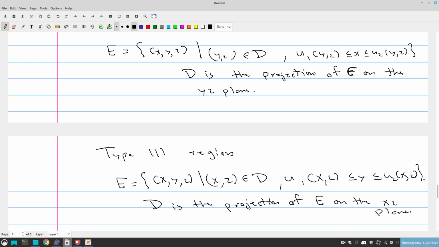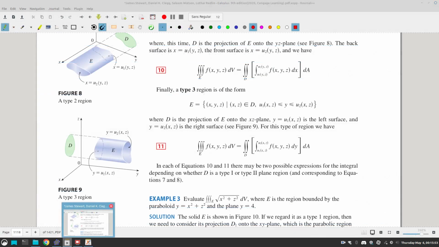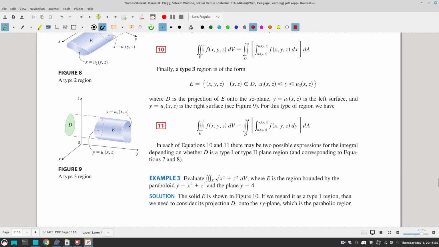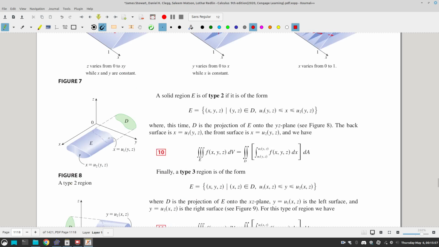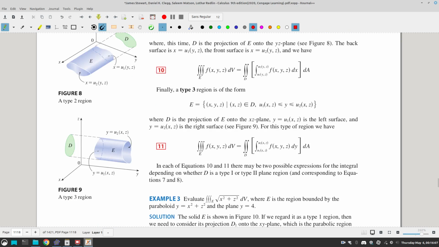Okay, so let's look at an example for an integration. This is a type 2 region. X is between two functions of y and z, and the projection is on the yz plane. And this is a type 3 region where y is between two functions of x and z, and the projection is on the xz plane.